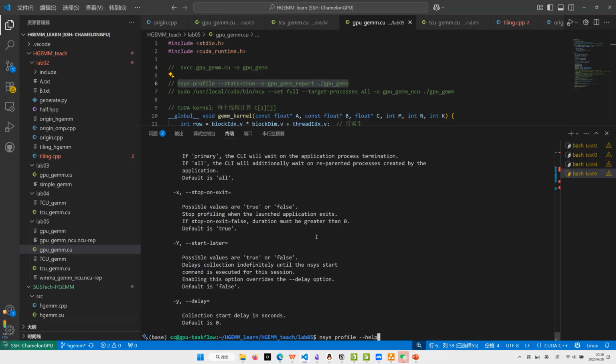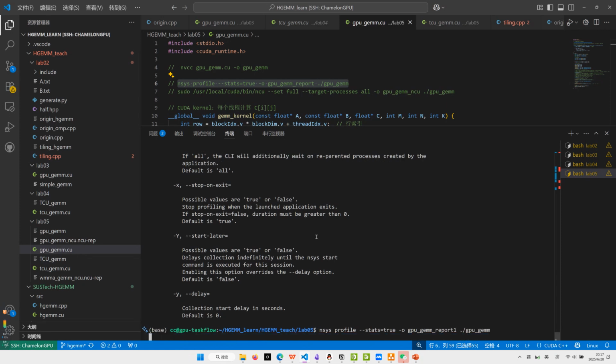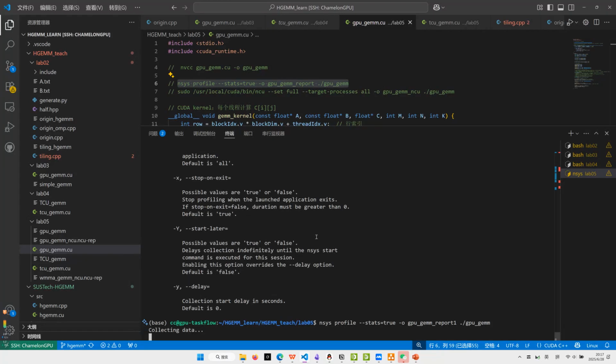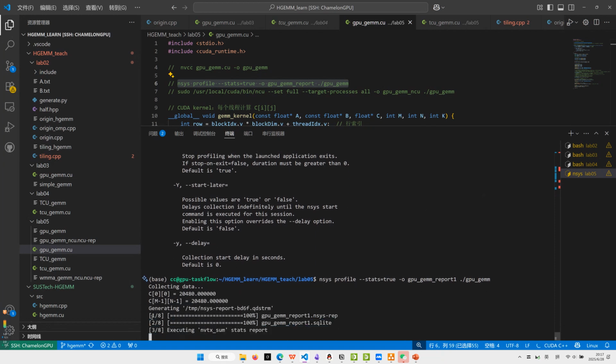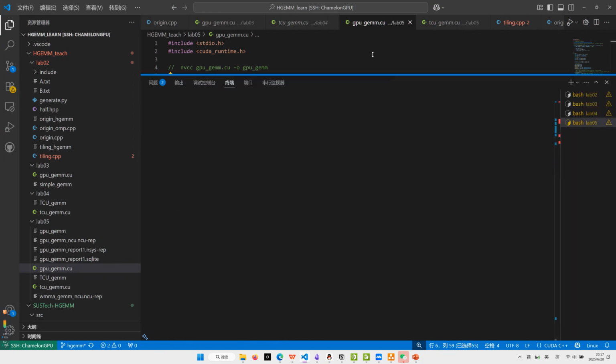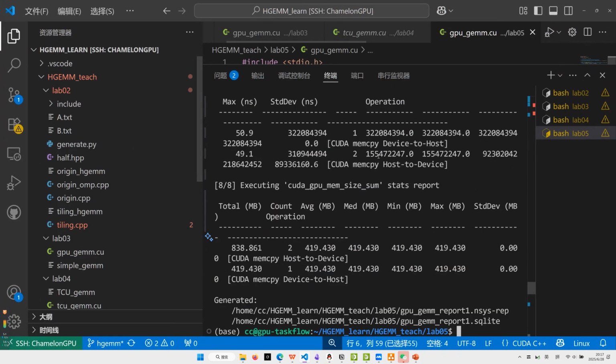Here we are using NC profile equals true. So here you can see it's starting collecting the data, and it comes out with the same result. And you can see a lot of results come out.